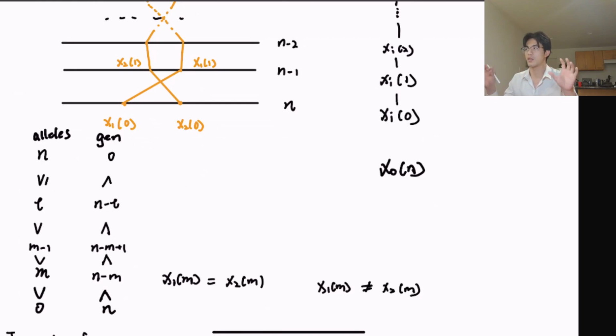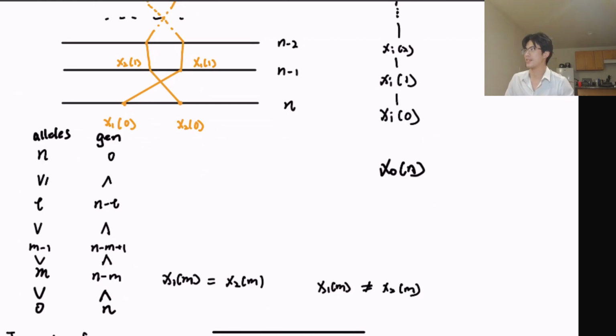We have two friends in the generation, and we want to know. The m here indicates the generation, the n minus m generation, meaning that if the numbers are the same, then they're from the same generation. If they are the same, for example, they're both big A or both small a, what do we know about their parent at some previous generation?